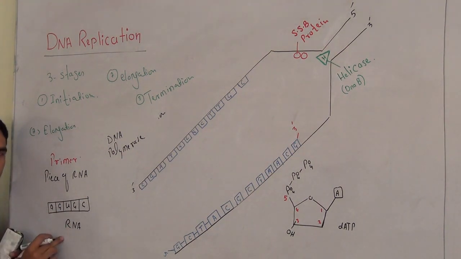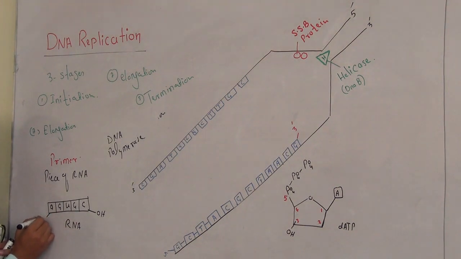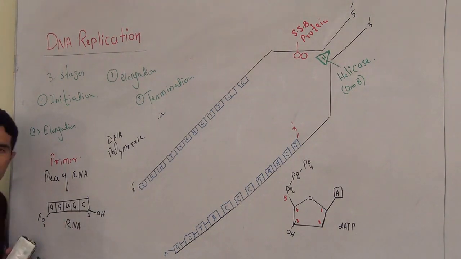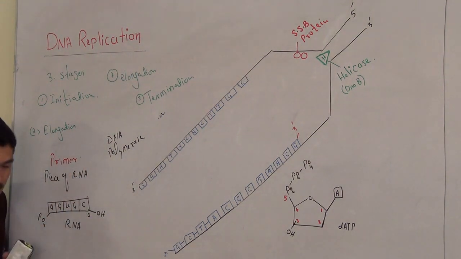That small piece of RNA contains a free 3 end. Of course it contains a 5 end. At the 5 end you will see a phosphate, and at the 3 end you will see OH. Don't worry about why this is 3. You know very well whether it's DNA or RNA, there will be a 3 end and a 5 end. So at the 5 end there will be phosphate, and at the 3 end there will be a free OH.